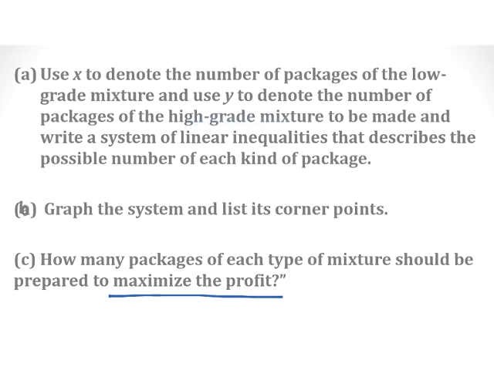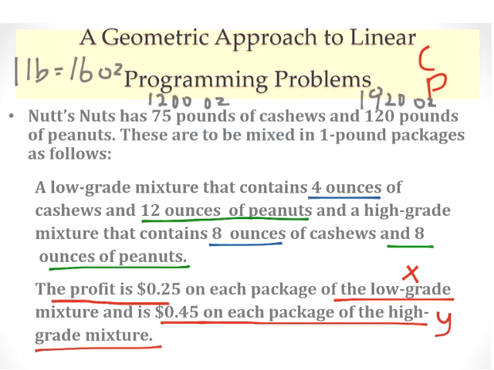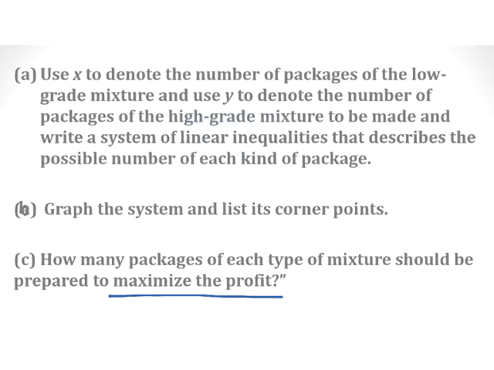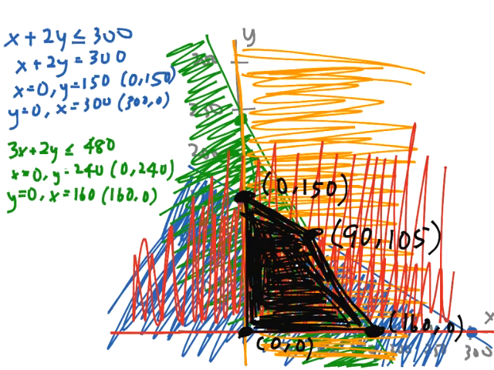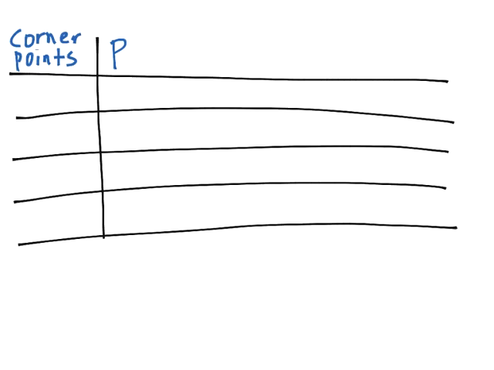The profit for low grade is 25 cents and for high grade is 45 cents. So in order to maximize our profit, we need 0.25 for each low grade mixture, plus 0.45 for the profit of each high grade mixture.